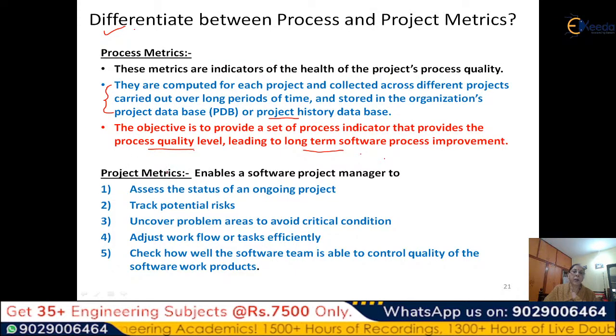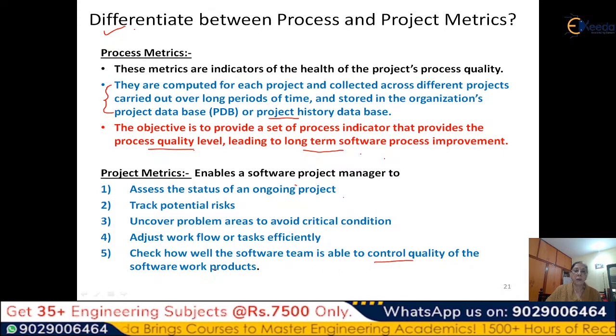Then you have project metrics. Project metrics enable a software project manager to assess the status of an ongoing project. So here we are contributing to the organization, and here we are contributing to the particular project on hand. There are tactical decisions we have to take. We have to assess the status of the ongoing project, track the potential risks, uncover problem areas, and adjust the workflow and tasks efficiently, and check how well the software team is able to control the quality.